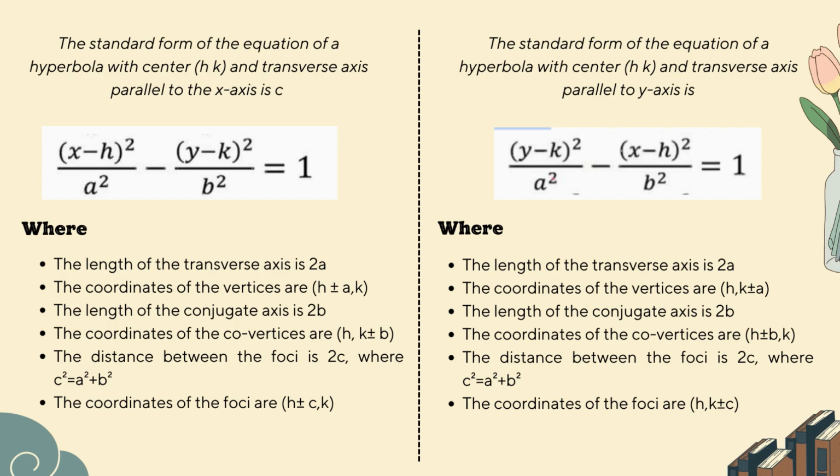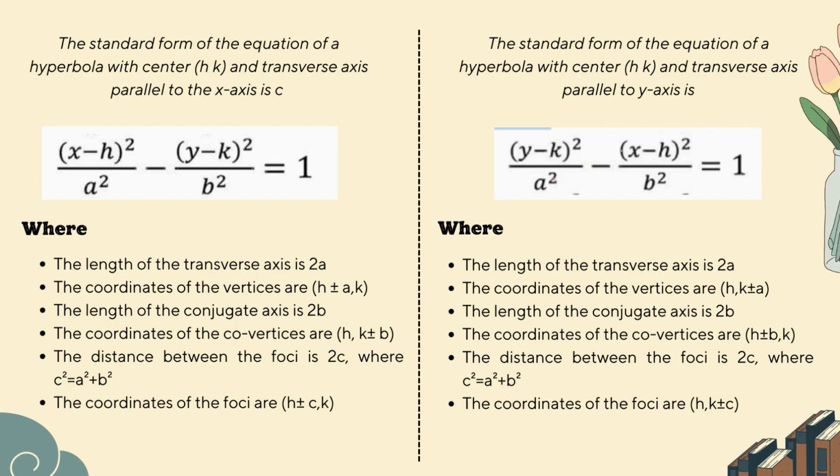Also, that is the standard form of the equation for the hyperbola with center at h, k and the transverse axis parallel to the y-axis, wherein it is vertical. The standard equation will be the quantity of y minus k squared over a squared minus the quantity of x minus h squared over b squared is equal to 1, wherein the length of the transverse axis is 2a.